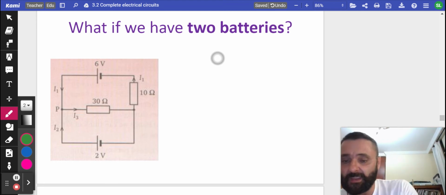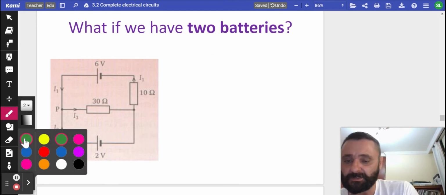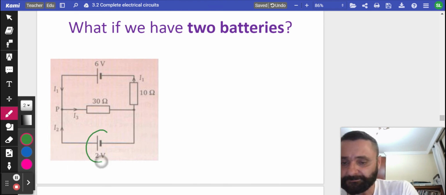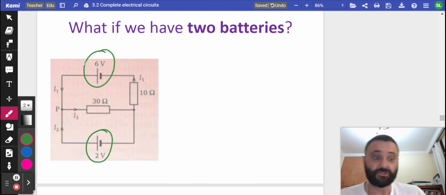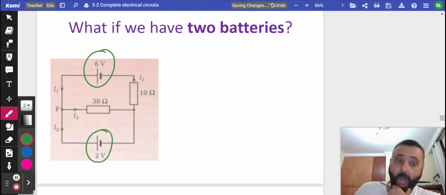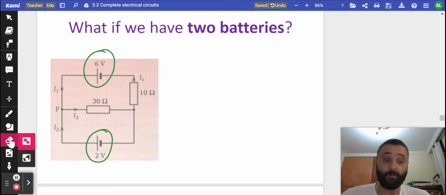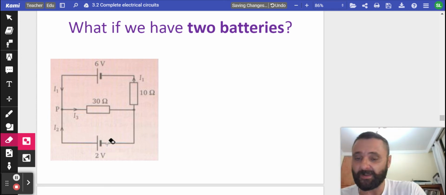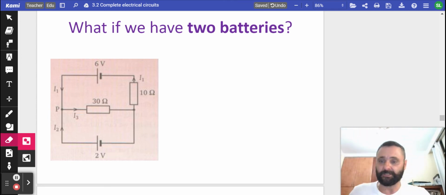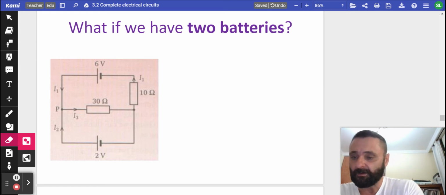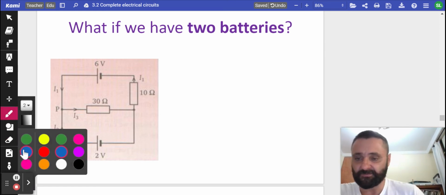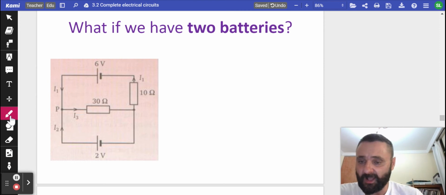Now, the eagle-eyed amongst you will notice that there's actually two batteries. Two batteries in parallel with each other. What on earth do we do here? Okay, right. Well, firstly, not panic. But I'll show you what to do. Right, current law first. It's fairly straightforward. The diagram really helps us here.